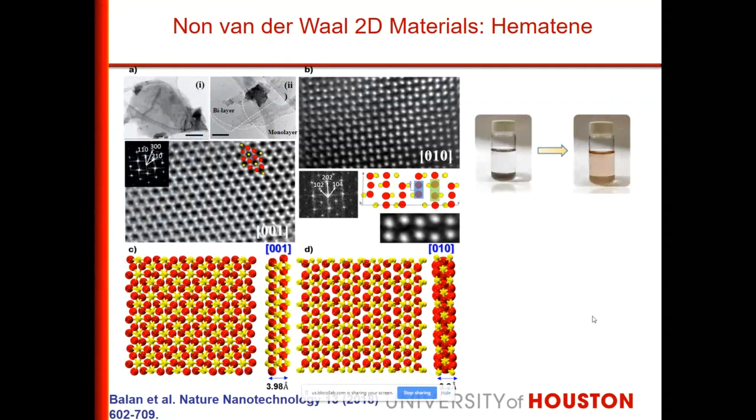So this is a two-dimensional material of iron oxide. You can see the very high resolution image of the hexagonal lattice of the iron oxide. This is the atomic reconstruction of the lattice arrangement of Fe2O3.